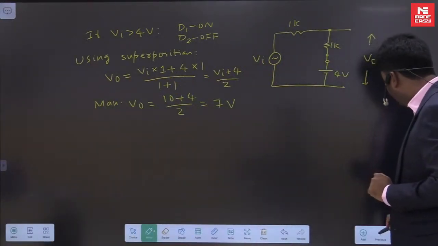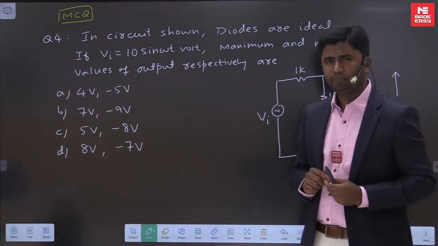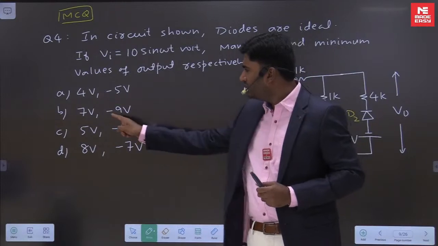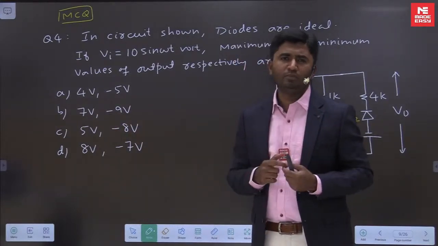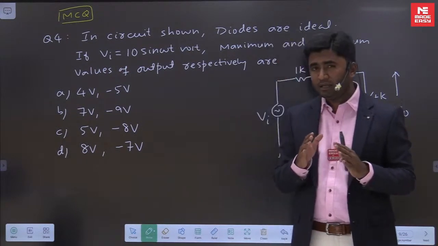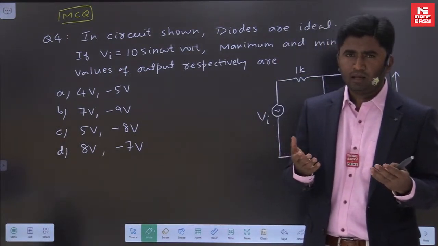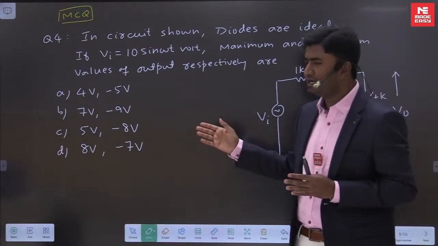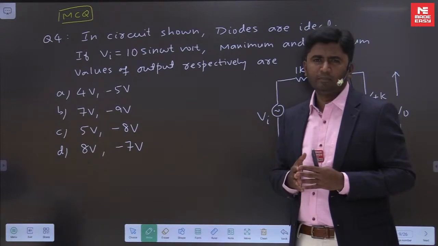If you look at the options here, that is enough to tell the correct option, because only one option has maximum output 7 volt. So my answer should be option B. Sometimes in the GATE paper you don't need to do the complete solution. Like in this problem, if I decide the maximum output, that is enough to tell me the correct option.